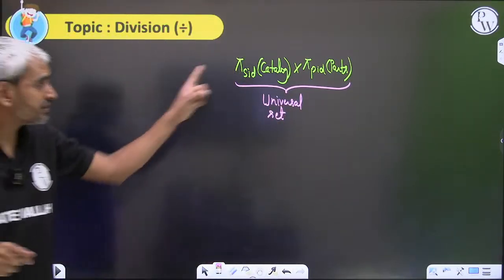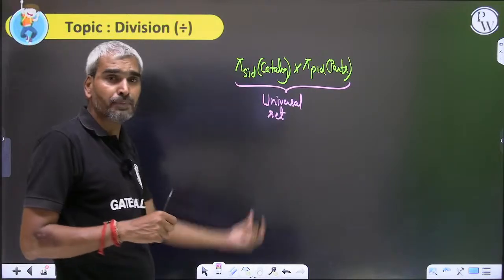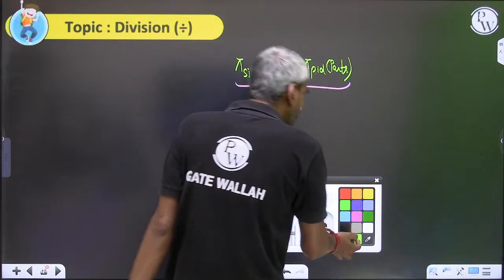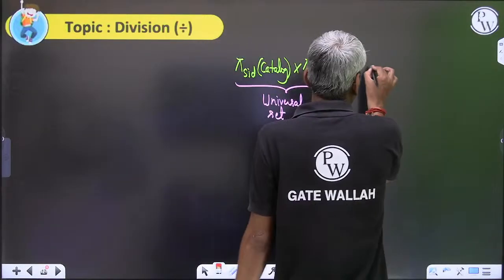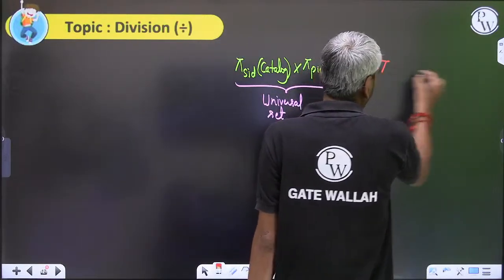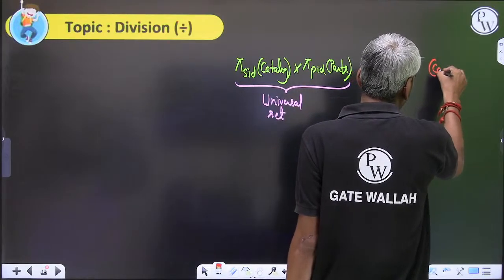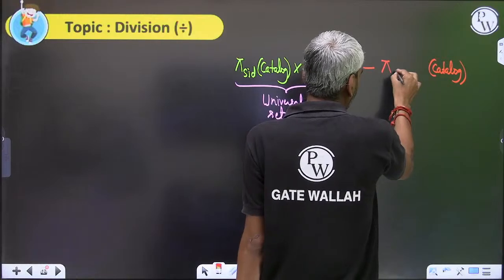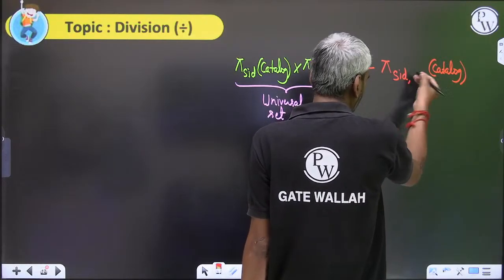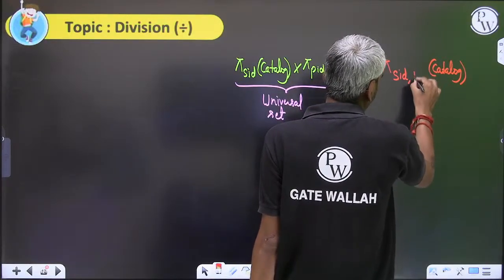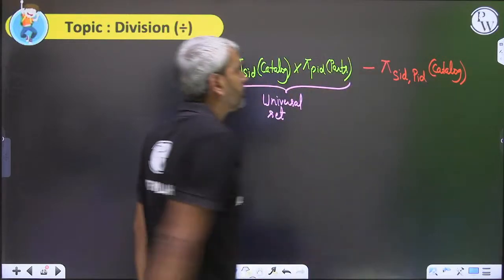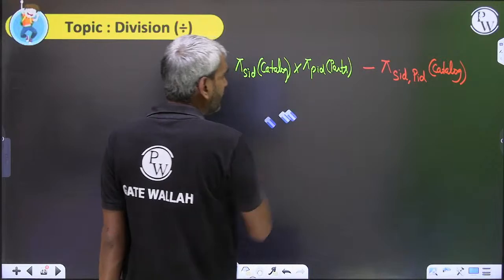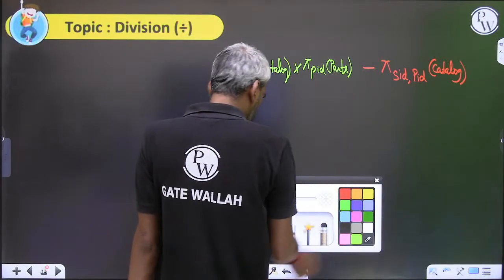Right? So out of this universal set where every supplier is supplying every part, if we subtract the actual information, that is from the catalog table, this is very important. From the catalog table, if we project the information related to SID and PID, what will you get?